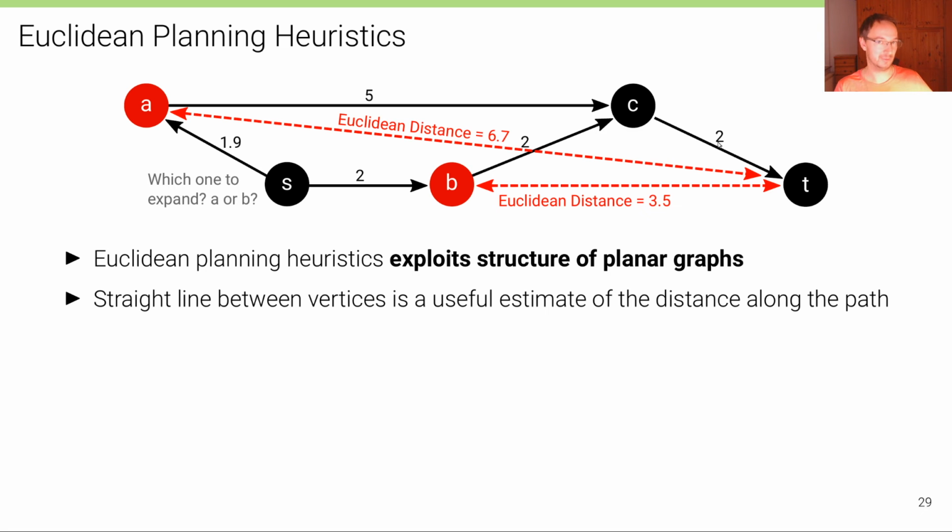It's not exactly 6.7, but 6.7 is a good approximation. So it's a useful estimate to know roughly, if I'm at node A, how long the distance to node T would be.